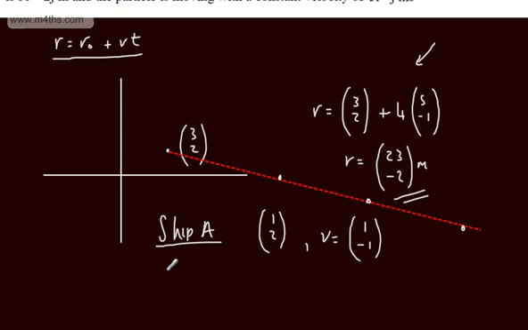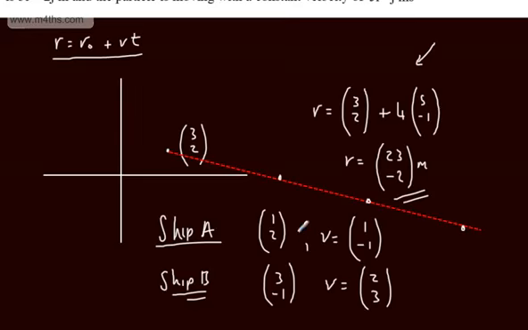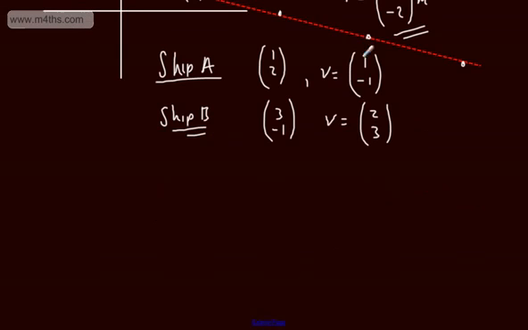We might be given now ship B. We might be told that this has a position vector at the beginning of, let's say, 3 minus 1, and is moving on a velocity now of, for example, 2, 3. We could look to see if there was any time t where these collided. So we could say now that RA, the position of A, would be where it started, 1, 2, plus the time multiplied by the velocity vector.